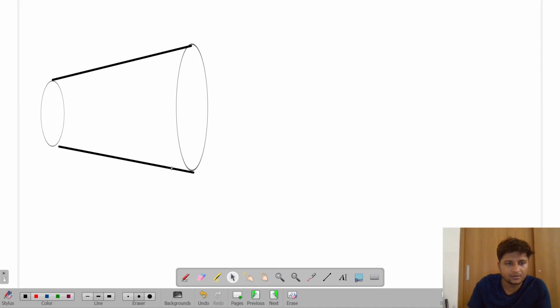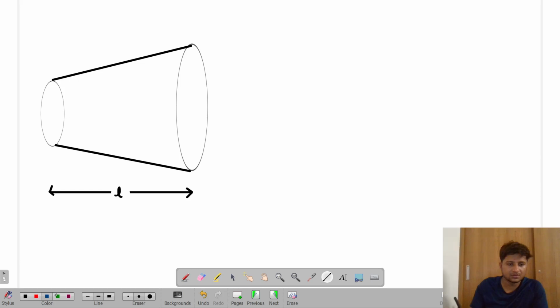So this is a kind of a frustum I have, and it's saying that this conductor is of length L. The length of the conductor is L. Got it or not?